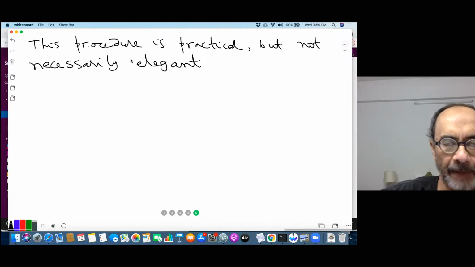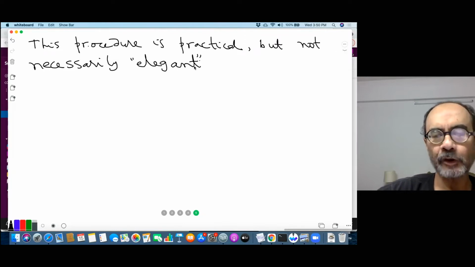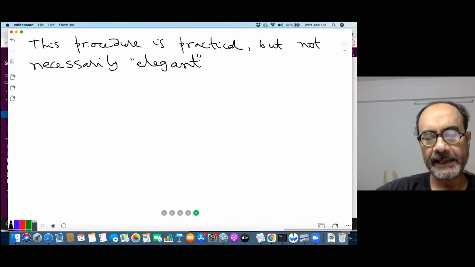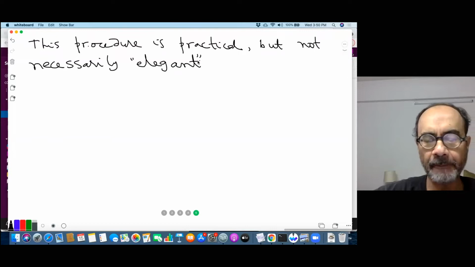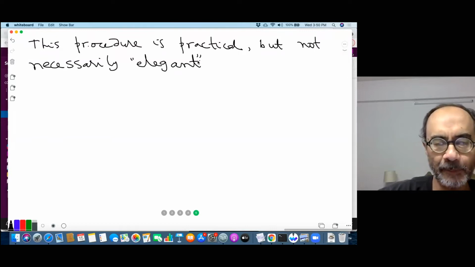Because there is a lot of arbitrariness involved, right? Each of those S primes can be chosen in many different ways. All we are doing is to fix the boundaries of S prime, and then we choose them to be anything that we like, consistent with symmetries.